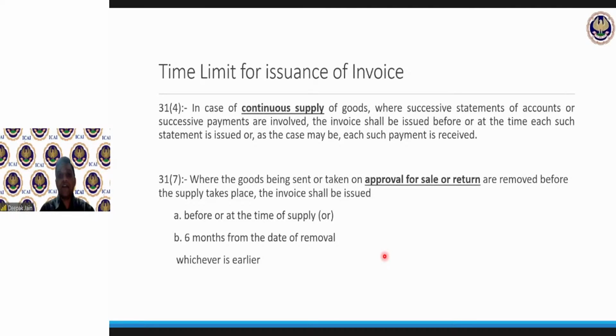Now he will need it once a day, once a month or twice a month. But for convenience, I have a pipeline. So to the extent of the usage, I will supply it. The meter reading tells me how much the customer has used. That is another example of continuous supply.